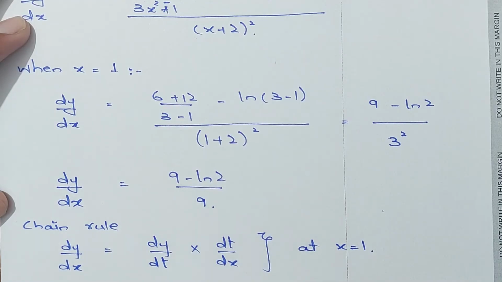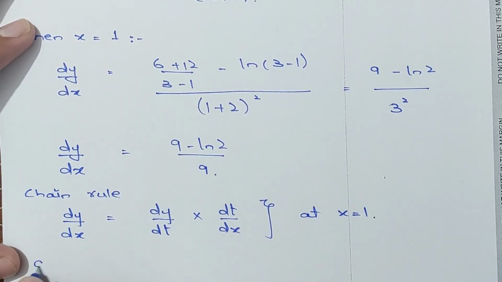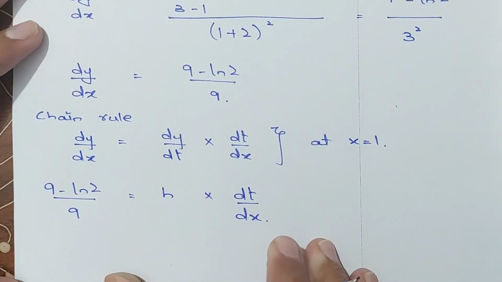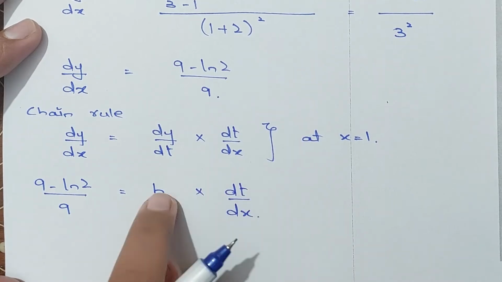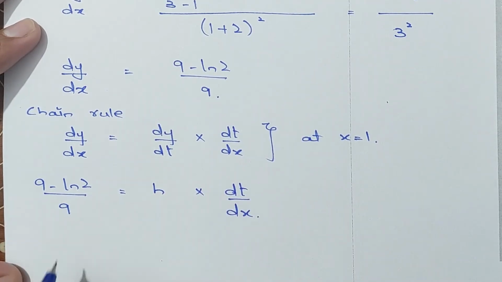So substitute 9 minus ln 2 over 9, and dy over dt is h, times dt over dx. Let me solve for dt over dx by dividing by h over here.